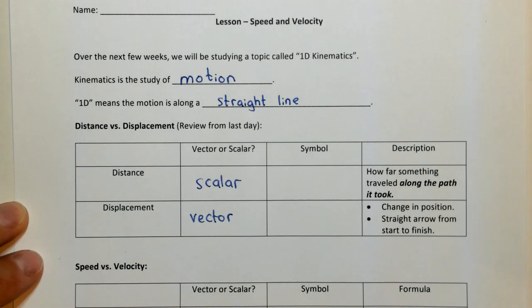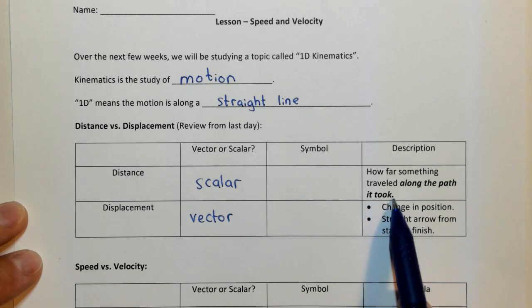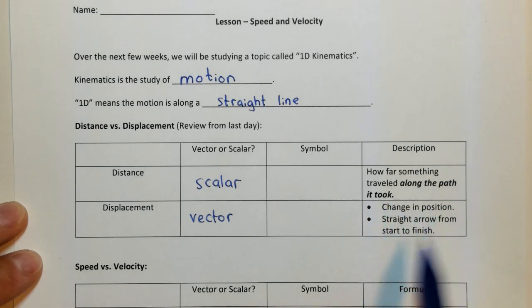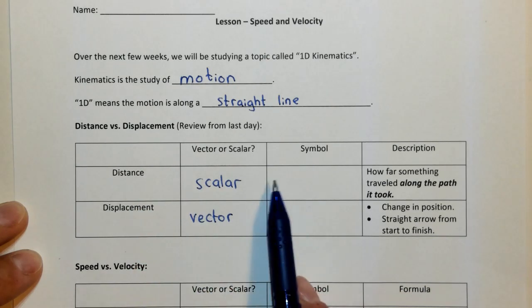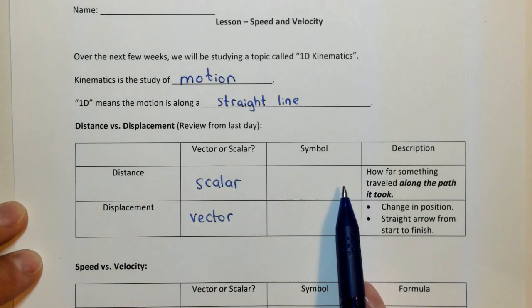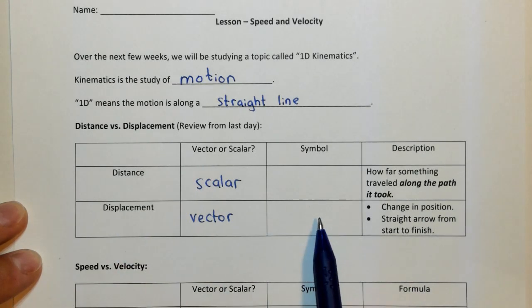We said last lesson again that distance is how far something travels along the path it took, whereas displacement, also called the change in position, can be thought of as a straight arrow from start to finish. So if I want to know the distance of something's gone, I need to watch the path that it took. If I want to know its displacement, all I need to know is where it was at the beginning, where it was at the end, and I don't care where it went in between.